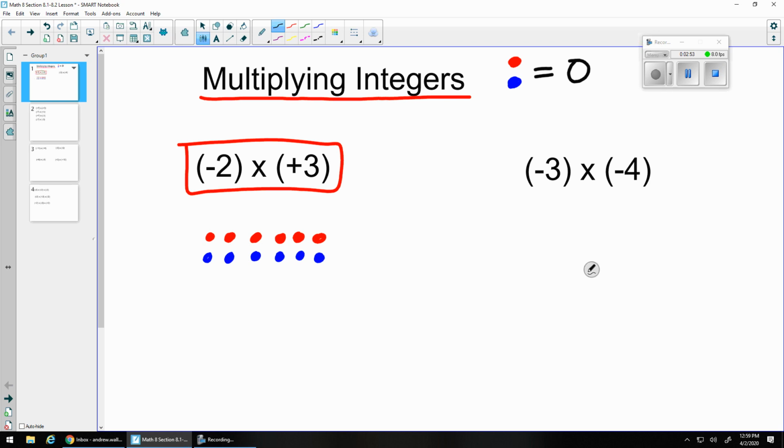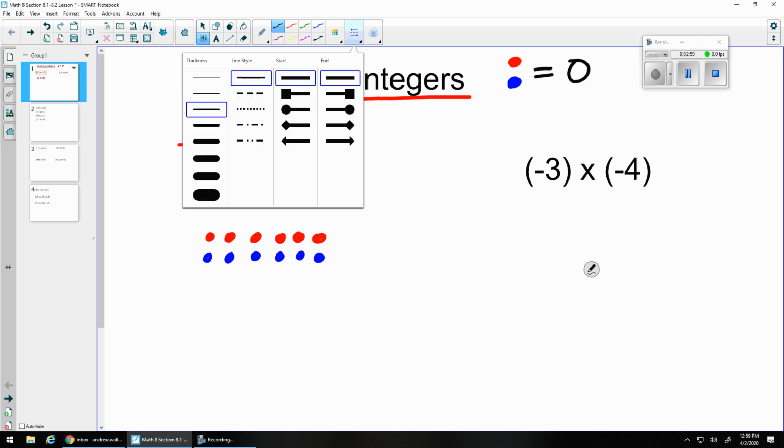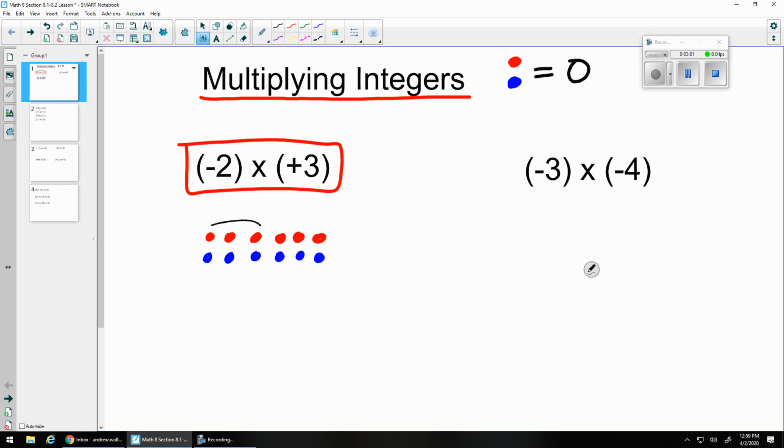But now let's imagine if we took away two groups of +3. So we take this group of +3 away, and we take this group of +3 away. We take them both away, two groups of +3, so -2 groups of +3. What are we left with? All that we're left with is here, which is the answer of -6.